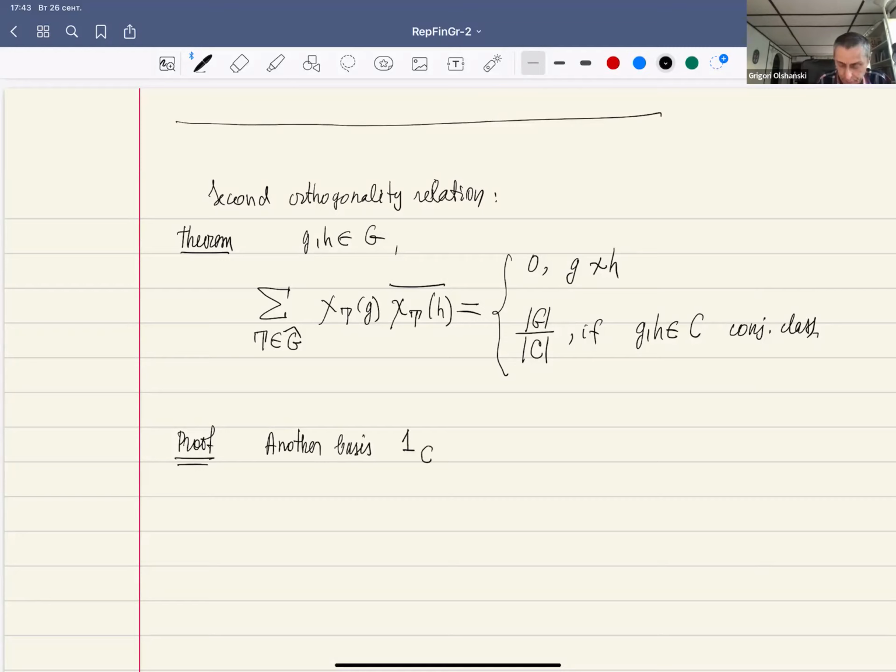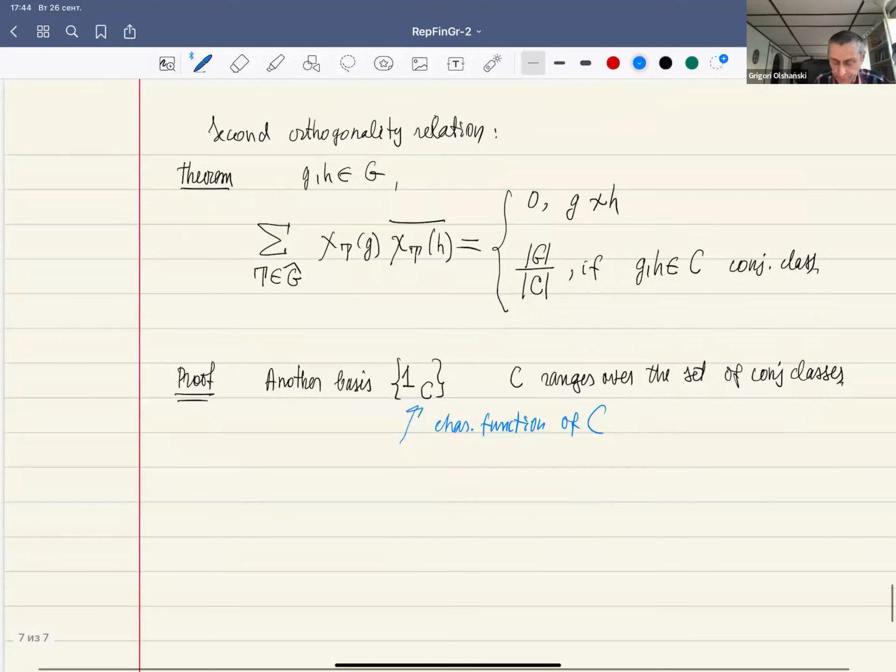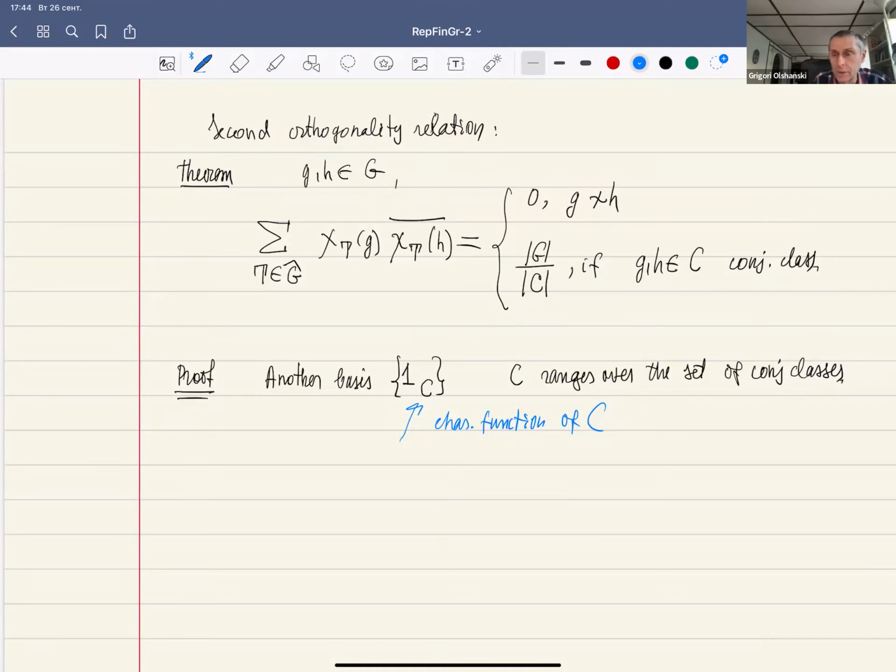Let me denote it as follows: C ranges over the set of conjugacy classes, and this is just the characteristic function of C, which is a function that equals 1 on this class and 0 otherwise. So this is a basis. It's obvious.